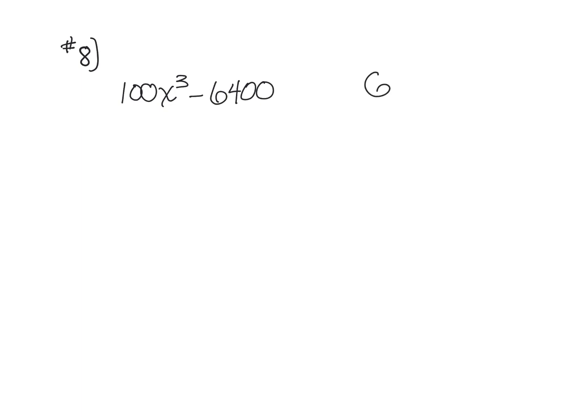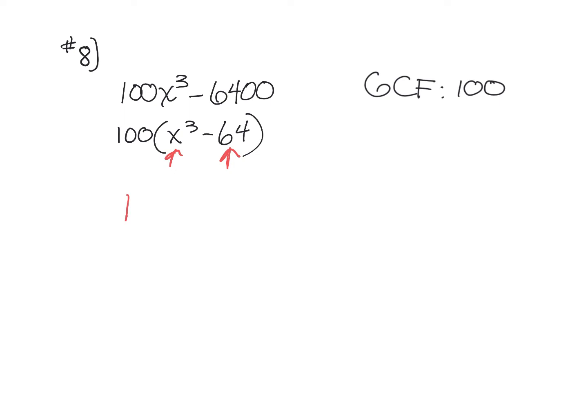So the greatest common factor I spy with my educated eye is 100. No x's. So if I factor out 100, that leaves x cubed minus 64. Perfect cube, perfect cube. Difference of cubes, 100. Let me see, this is 4 cubed, right? So it's x minus 4.